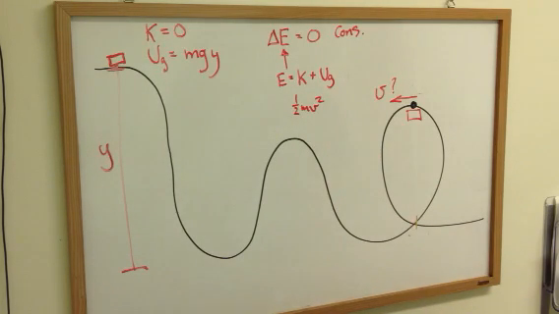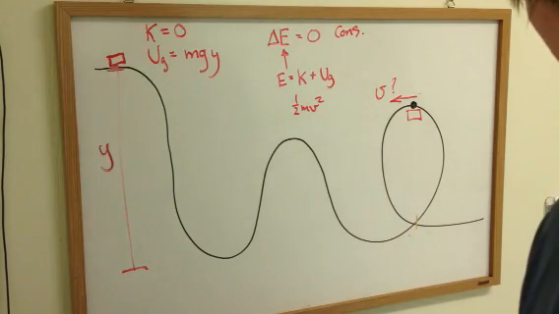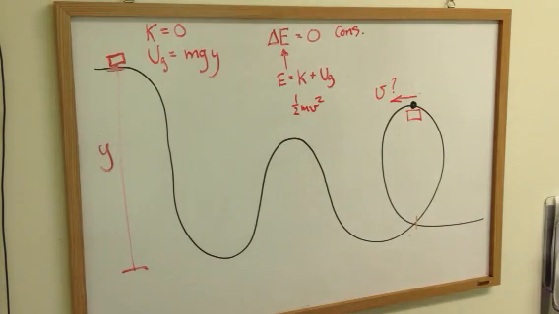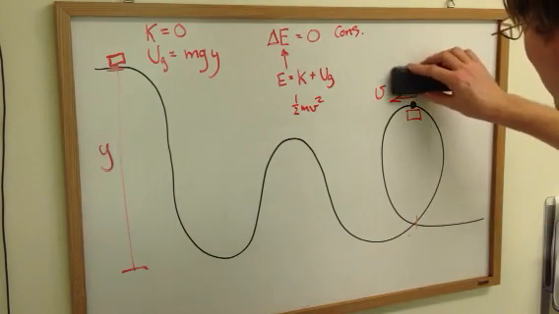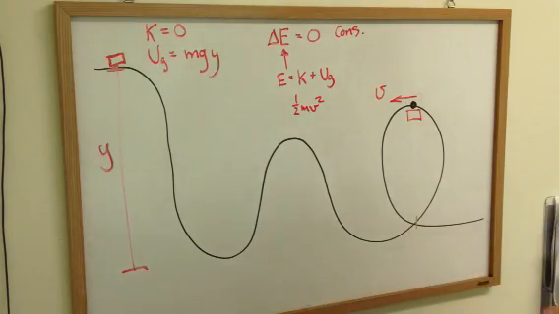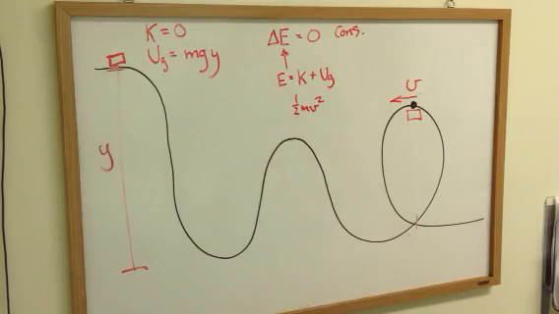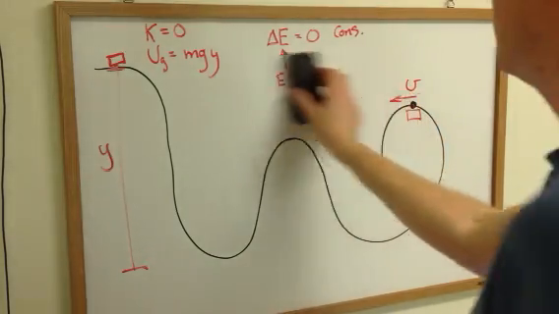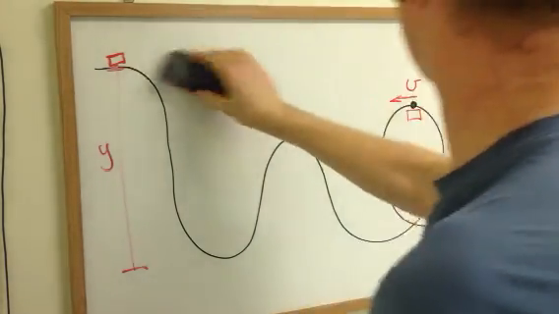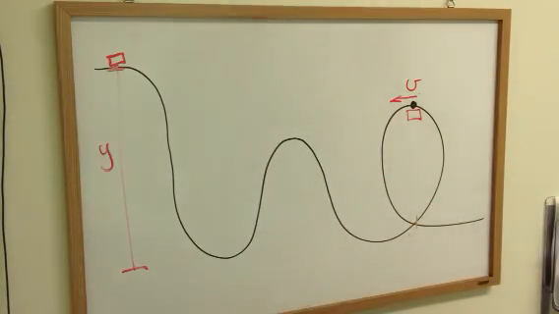Now, how hard does it press against the track at point B? This is a force question. Now we're not using energy. Energy has given us a velocity. And we are now into dynamics and circular motion. We're assuming this is a circle.